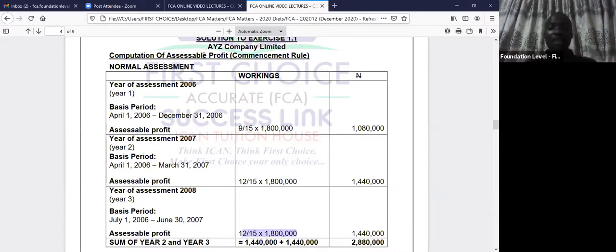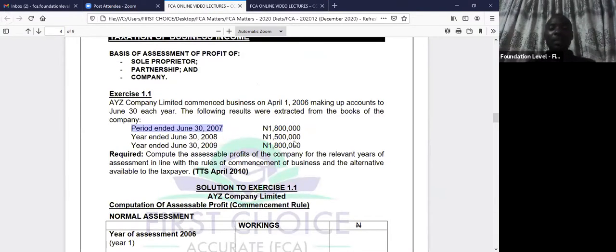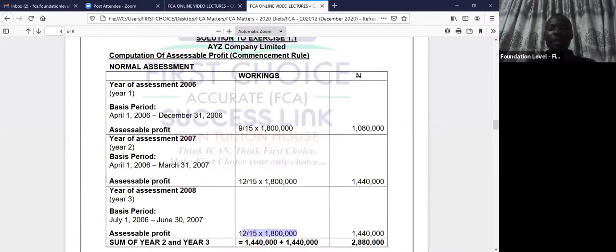So can you now see that the first 3 years, we take our figures from here. That's abnormal basis period. So you look at it now, we have this 1,440,000. So when you add the second and the third year, we have this 2,880,000.